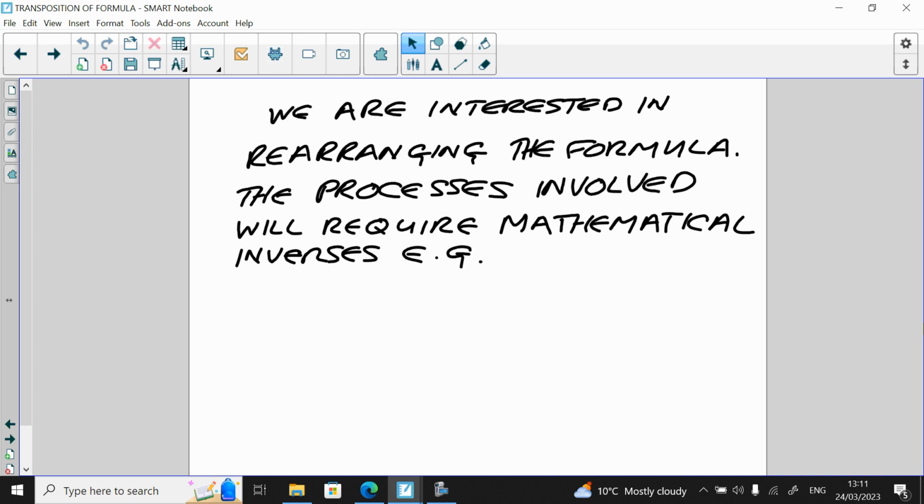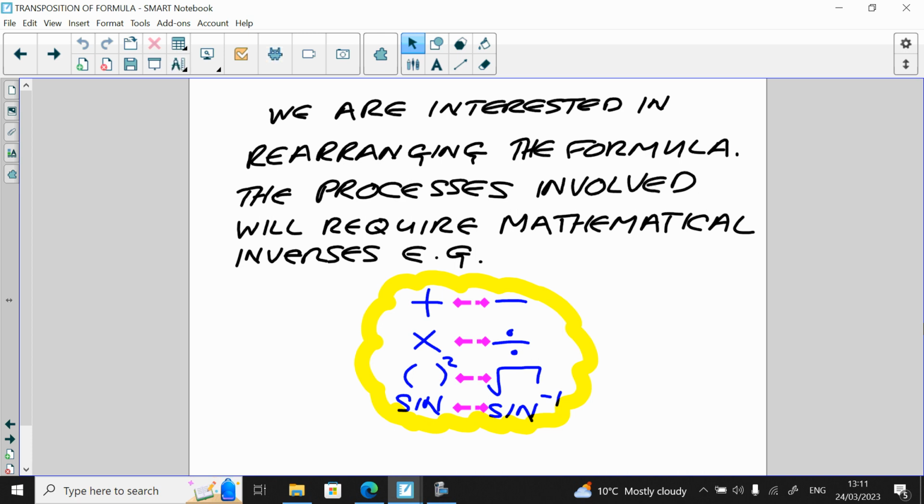Maybe the most common ones: add, subtract, multiply, divide, square, square root. And I think a lot of you know about sine and inverse sine. I know you call that sine to the -1, but that's fine as long as you know what you're doing with it. There are many more, and I think we'll introduce another few later on.